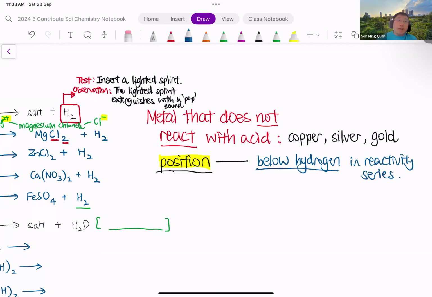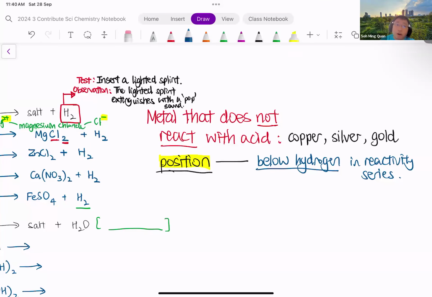So this is how we actually link the reactions of acids to the reactivity series. If I know that the metal doesn't react with acid, I also can conclude that the position is below hydrogen in the reactivity series. Okay, so this is an important link between the chapter on acids and bases as well as the chapter on reactivity series.